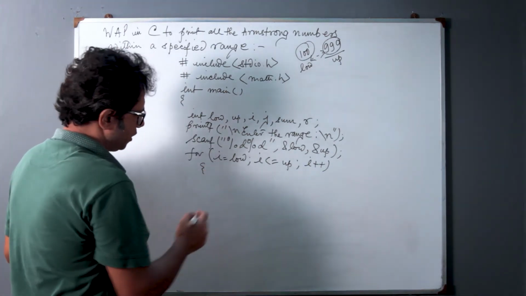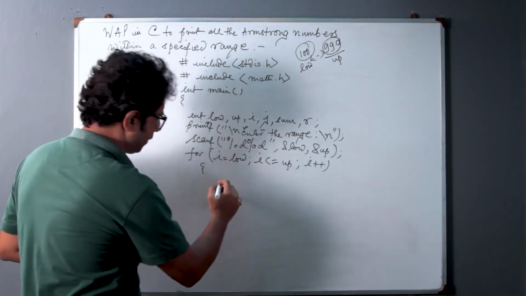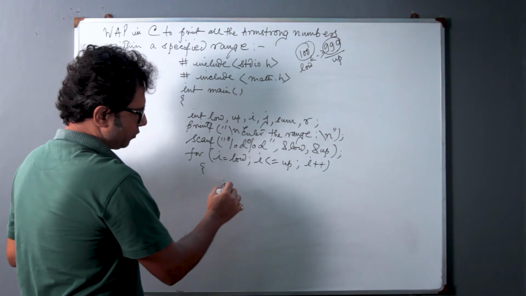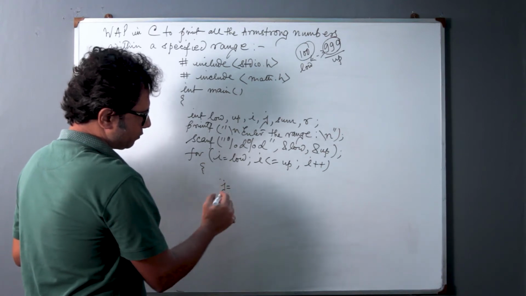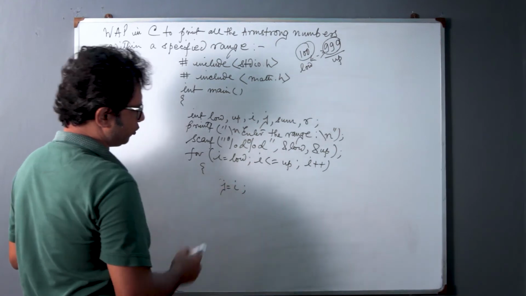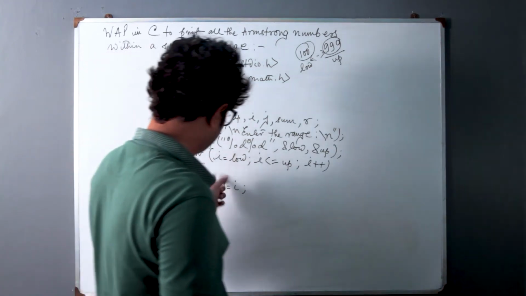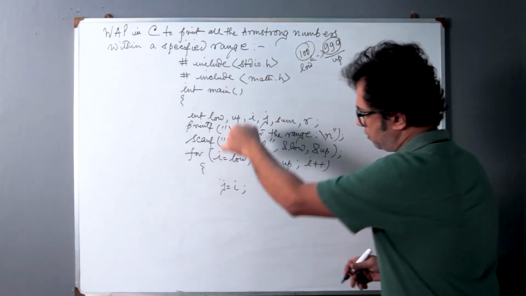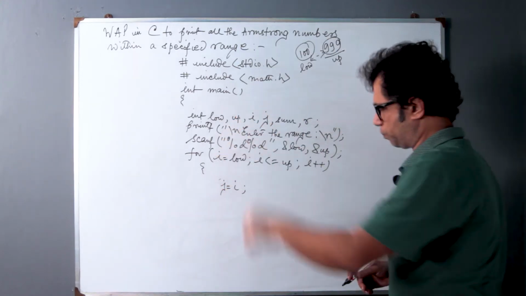What will we write? We will definitely take the help of this auxiliary variable j and assign the value of i to it. Whatever is the value of i will be assigned to the j variable as soon as we enter this outermost for loop.